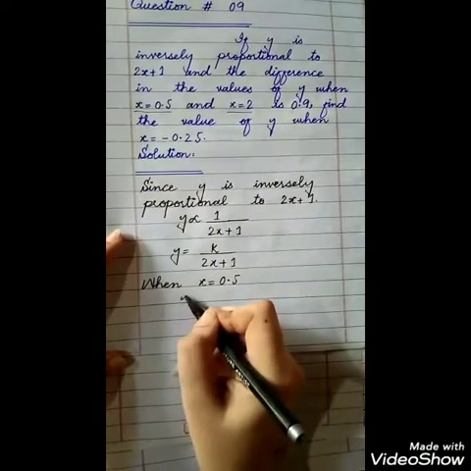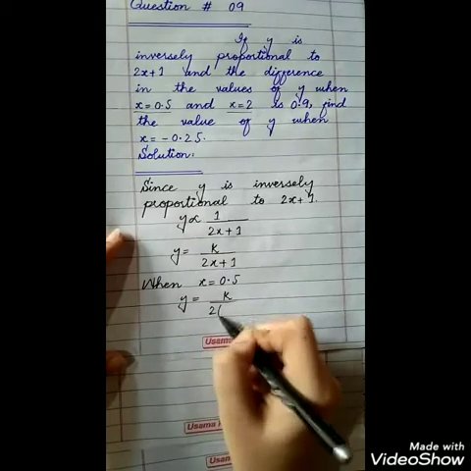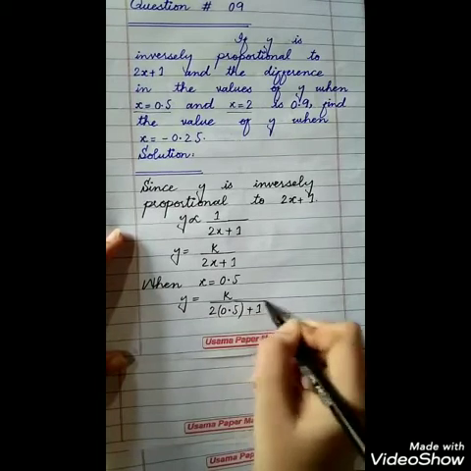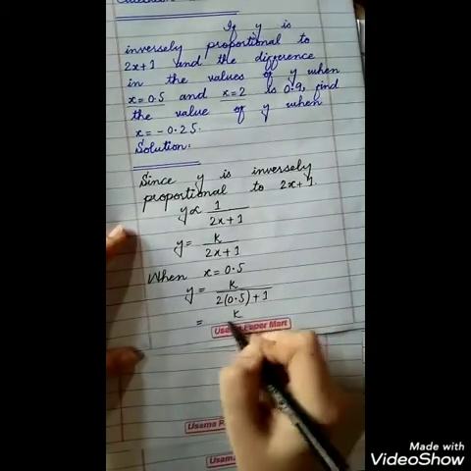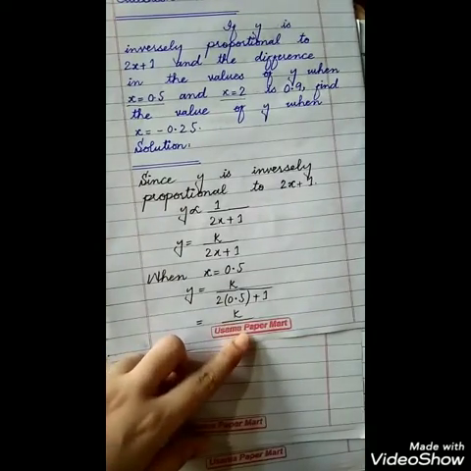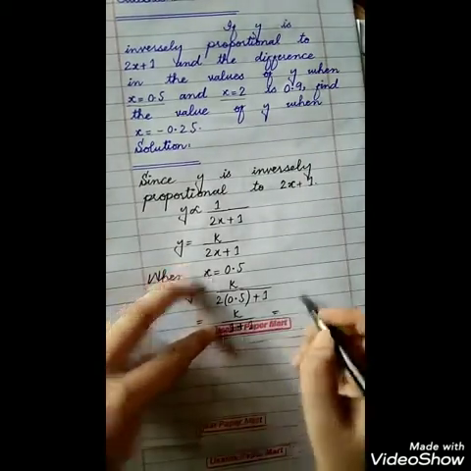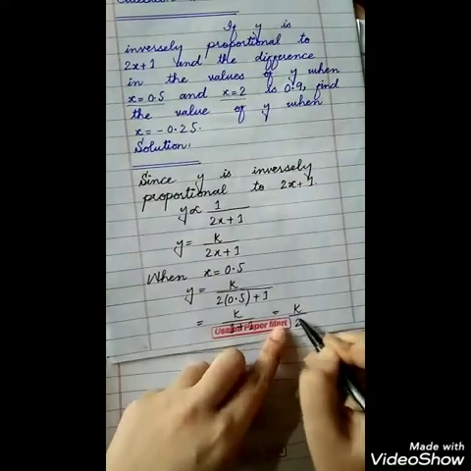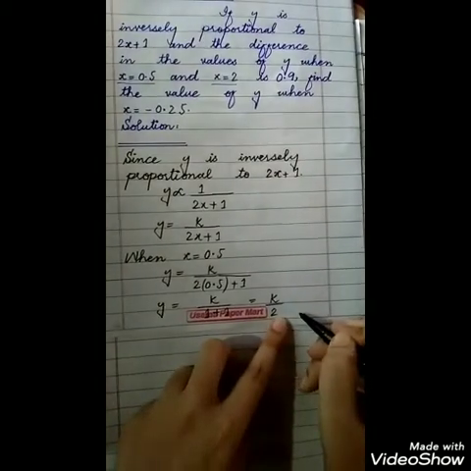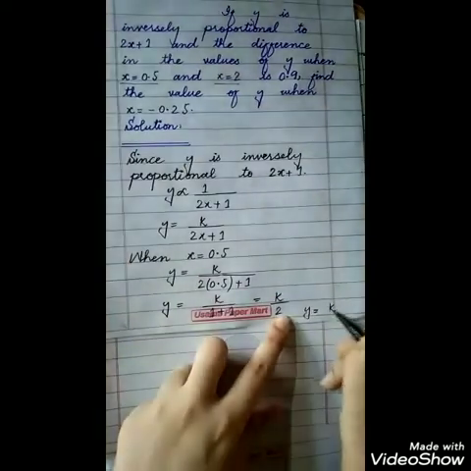Now by placing this value, y is equal to k by 2 into 0.5 plus 1. 0.5 into 2 will be equal to 1, and 1 plus 1 will be equal to 2, so y is equal to k by 2.